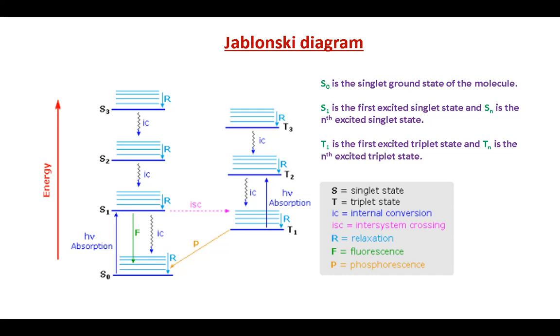And this energy of the photon is transferred to the electron. It is the fastest transition in the Jablonski diagram, occurring on a timescale of order 10 raised to power minus 15 second. That electron then transitions to a different eigenstate, corresponding to the amount of energy transferred.